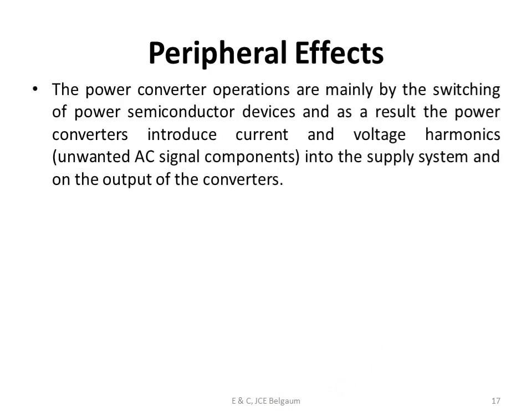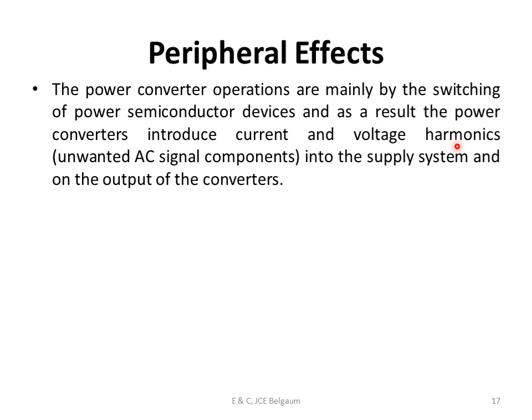Now, what are peripheral effects? The power converter operations are mainly by the switching of power semiconductor devices, and as a result, the power converters introduce current and voltage harmonics. I'm sure you have heard the word harmonics.